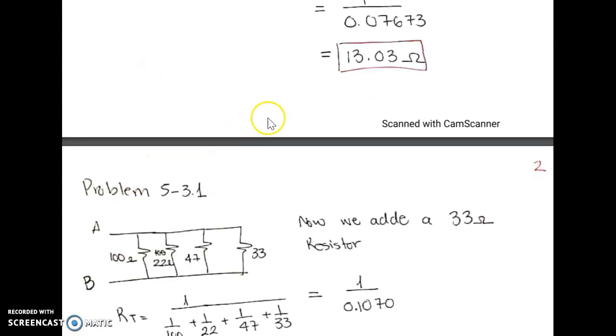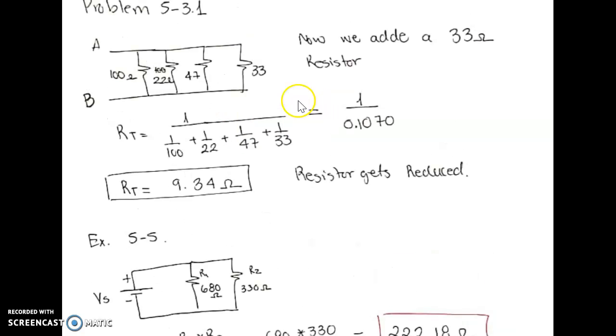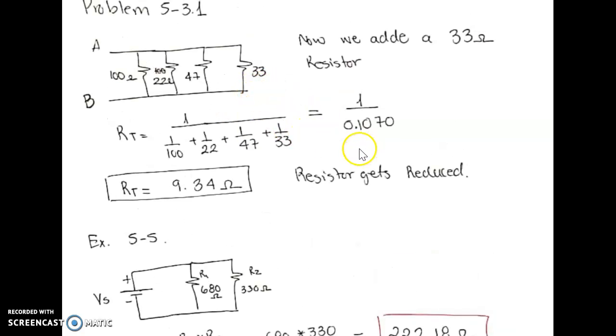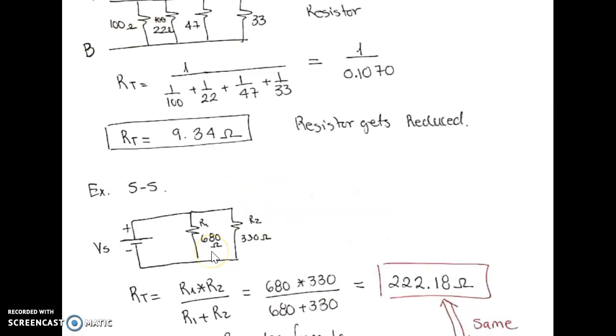It went from 13 to 9, but what would have happened is that we would have never gone above 22. Okay, so we're always going to follow that threshold that it has to be less than 22. In this case, the value of the resistor added was small, so the overall resistance came down.